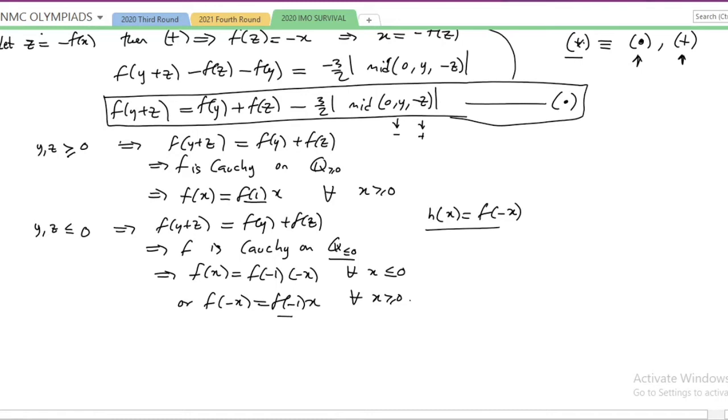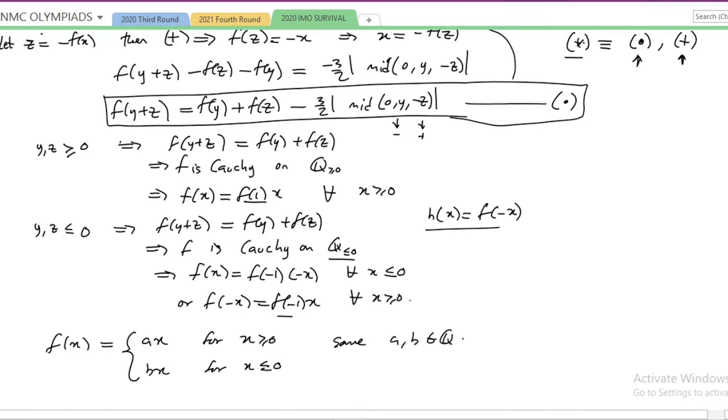Okay, so we have, in summary, f of x is ax for x greater than or equal to 0, and bx for x less than or equal to 0, where a and b are rational.